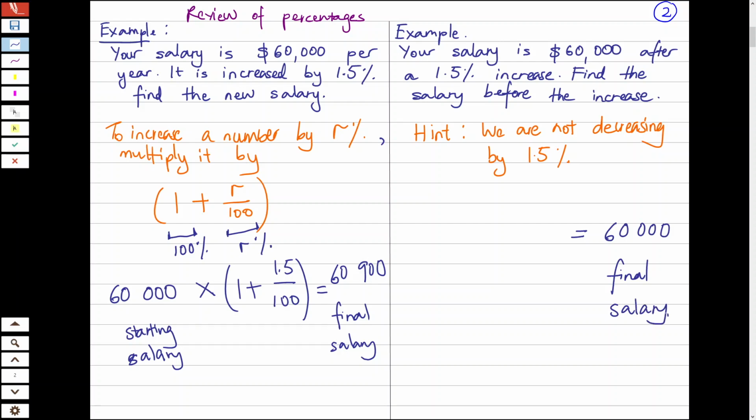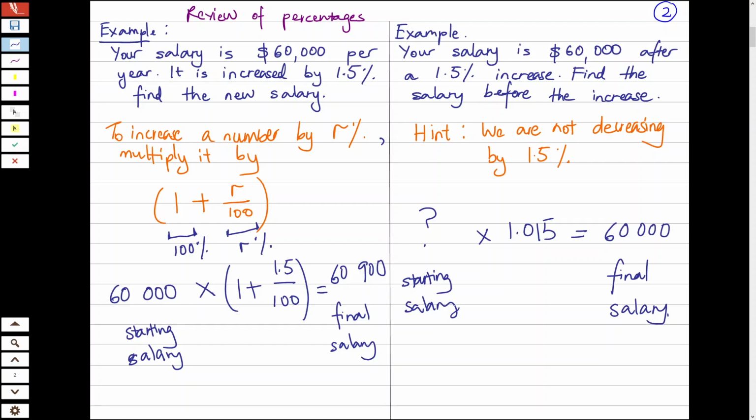$60,000 is the final salary after the pay increase. So I'm multiplying by 1.015, because that's the same as 1 plus 1.5 divided by 100, and I don't know what this number is. My starting salary is the question mark. I take that and then apply the 1.5% increase to get $60,000.